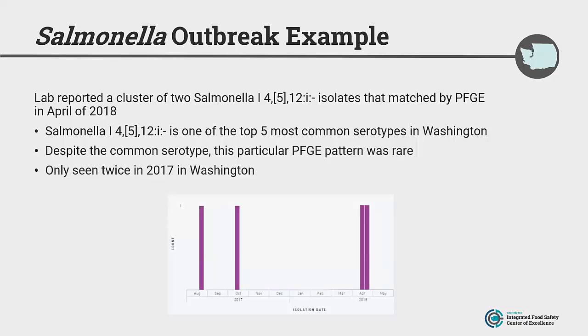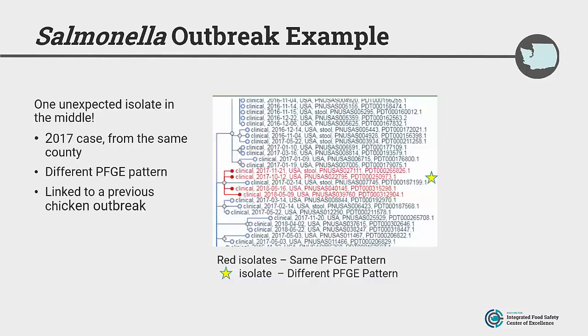So the question became, should we look at this as a cluster of 2 cases in April of 2018 or a cluster of 4 cases stretching all the way back to the previous fall? At this point, we decided to look at the sequencing information to see if that could give us any more detailed information that might help answer that question.